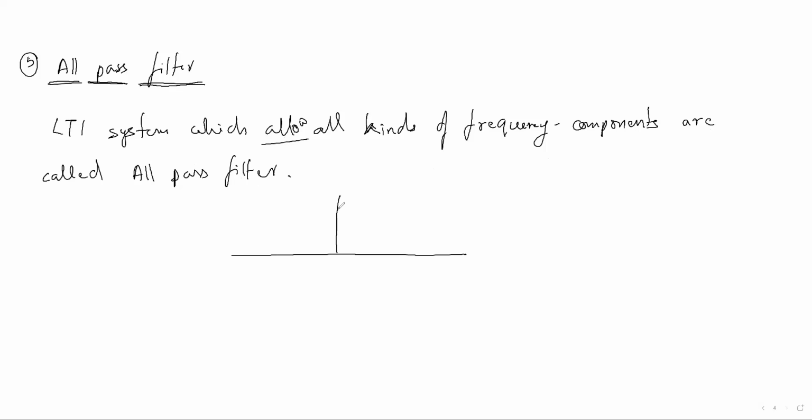Characteristics of H of omega for the all-pass filter is nothing but a constant amplitude for all the frequencies, and the amplitude is 1. Our relation is Y of omega equals X of omega into H of omega.